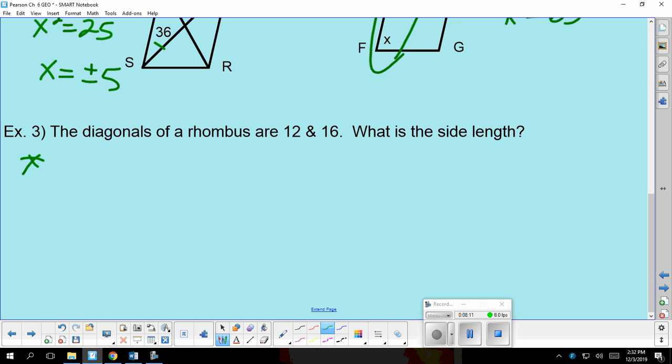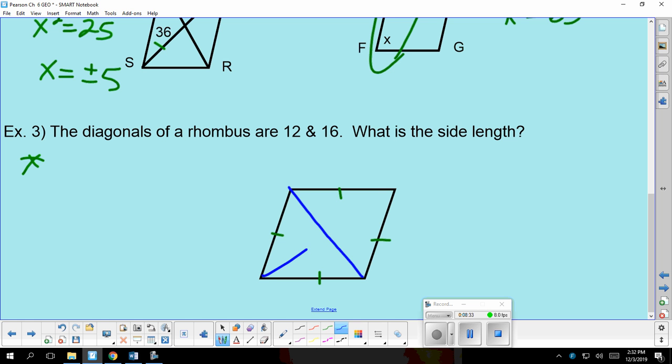So a rhombus has 4 congruent sides. I'm given the length of the diagonals.